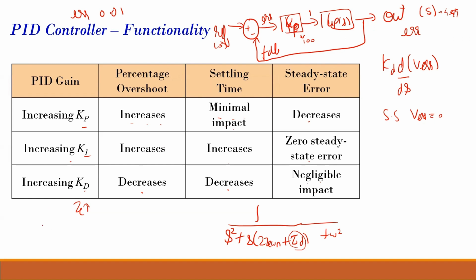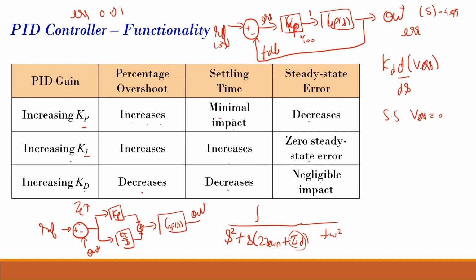But suppose I had the same thing, my reference, plus minus, my output. This is my KP, and KP part is there, as well as I had Ki upon S. That is added up, and that goes to my plant GP of S. This is the output, and it comes over here, and this is my error.